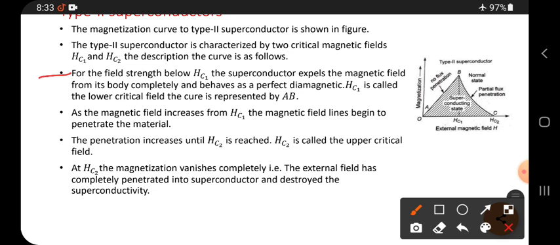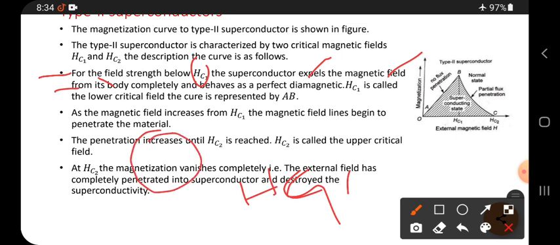For field strength below Hc1, the superconductor expels the magnetic lines of force from its body completely and behaves as a perfect diamagnet. So below Hc1, the specimen acts as a superconductor, which means it is a perfect diamagnet.